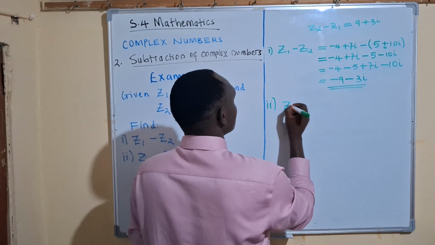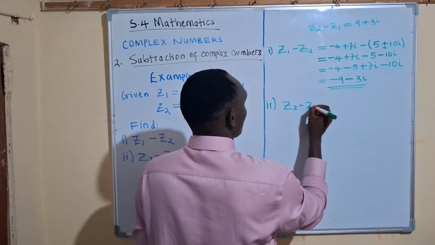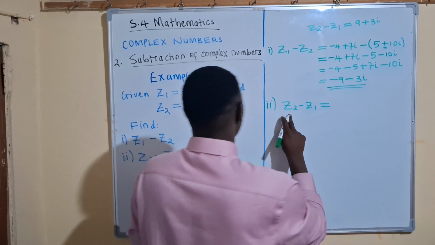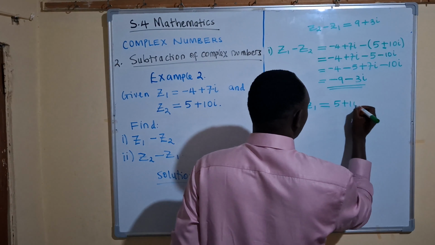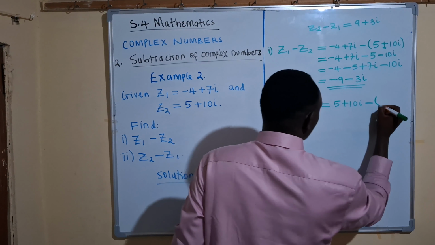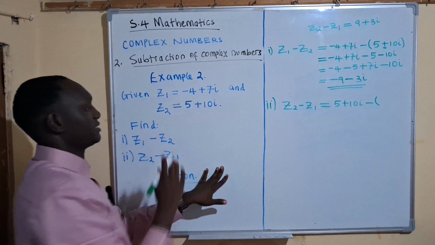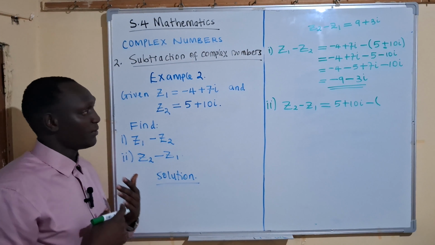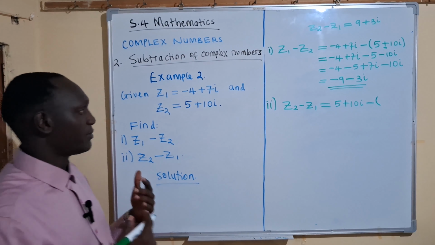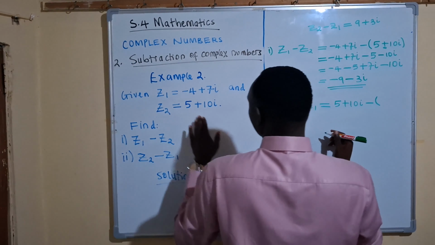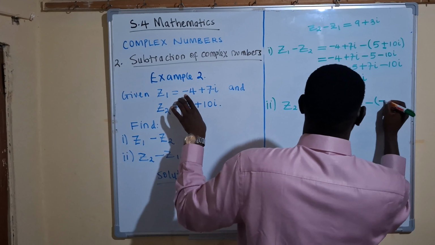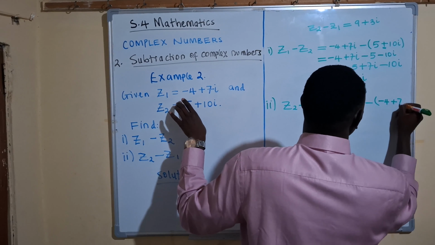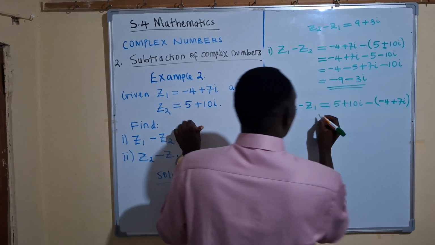So let's see how we can simplify Roman 2. That says it is z2 minus z1. Let's substitute for z2, which is 5 plus 10i. Since we're subtracting away two terms, the moment you are subtracting away two terms, keep the brackets. So we are subtracting away z1, which is negative 4 plus 7i.